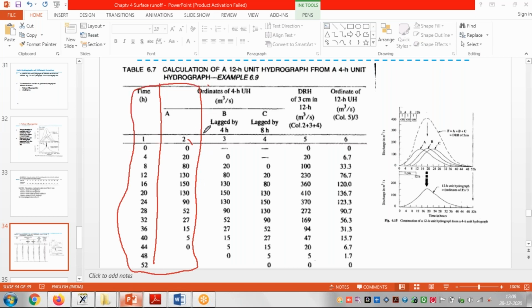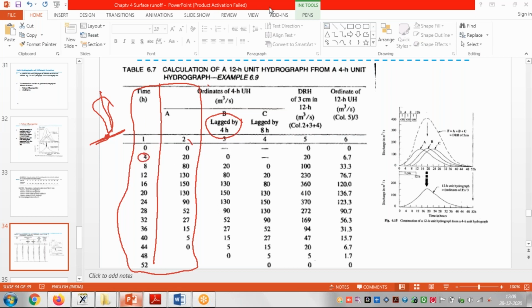Now what we are doing here is lagged by 4 hour, which means the same discharge is collected after 4 hours. So that's why we are starting from 4.